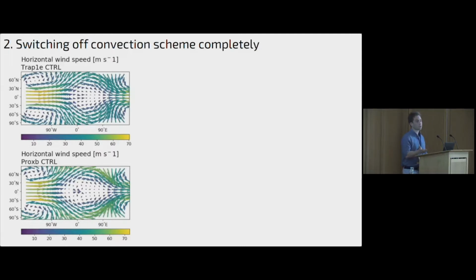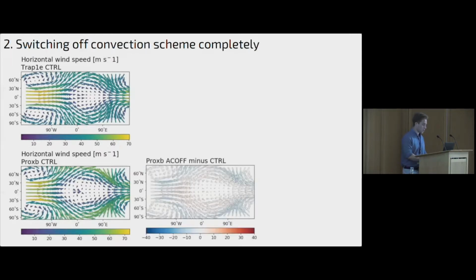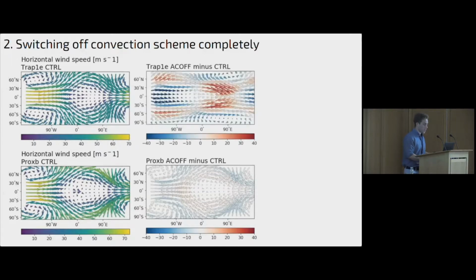Then when you switch off the convection scheme, the Proxima B simulation doesn't change much, and the magnitude of the wind stays fairly similar. But for TRAPPIST-1E, the large-scale circulation changes quite dramatically, and you don't have these branches around the substellar point, and instead you have a very strong equatorial jet.